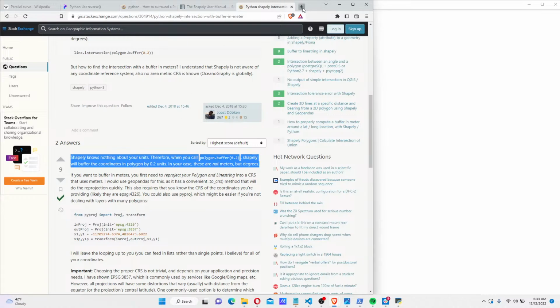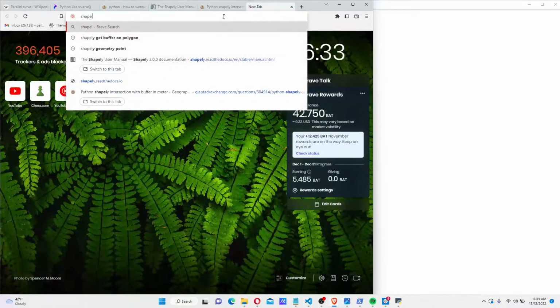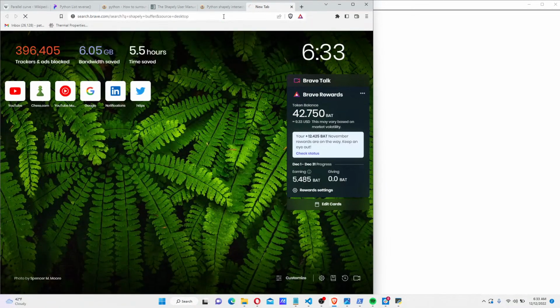Wow, they already have that. So let's look into Shapely buffer.